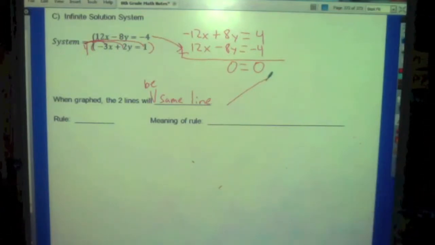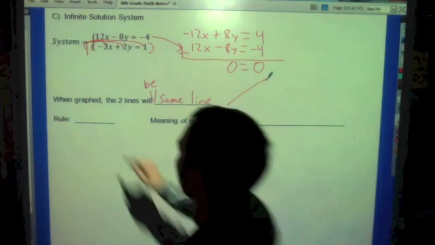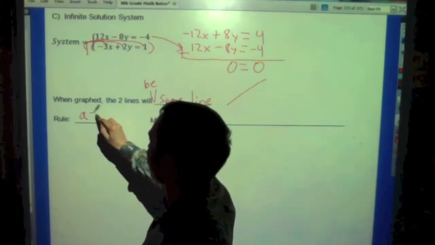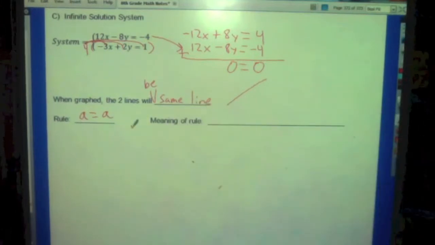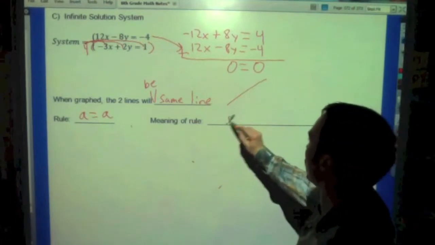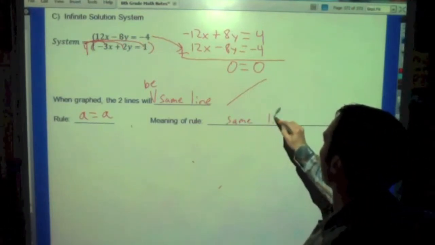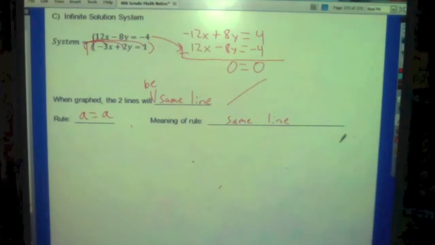So our algebra rule is, if the number, whatever it is, equals the same exact number, so if we get the same on each side, then that means we have the same line.